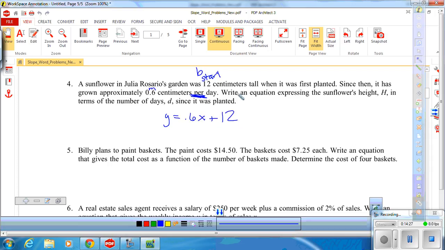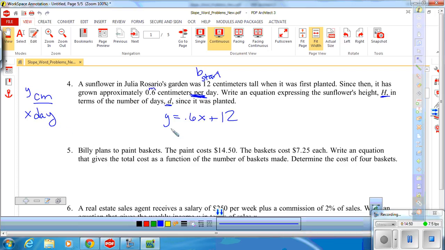Now, do notice that they wanted h to be the height and d to be the number of days. So I need to figure out which one is x and which one is y. So don't forget your per. If it's centimeters per day, the top is always y and the bottom is always x.